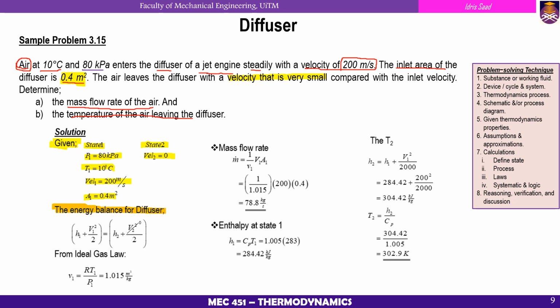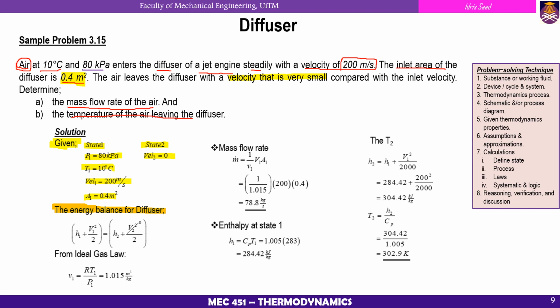Obviously, for the diffuser, it didn't say anything about heat or potential energy, so we can assume the heat and potential energy are neglected, and we don't have any work done.